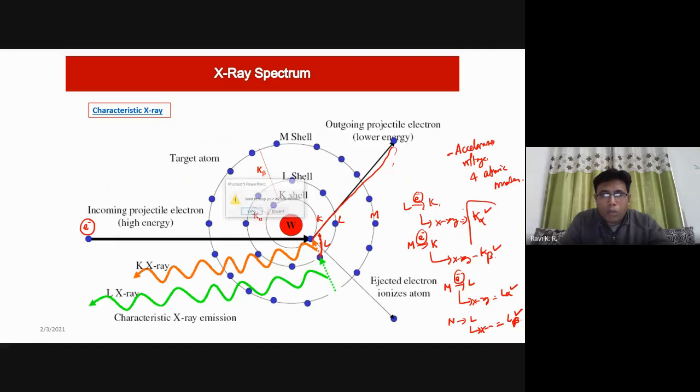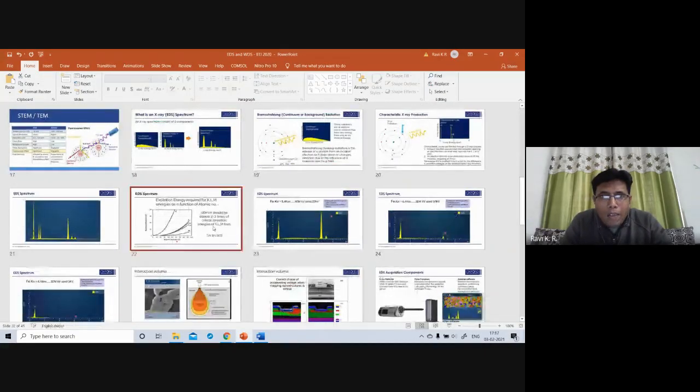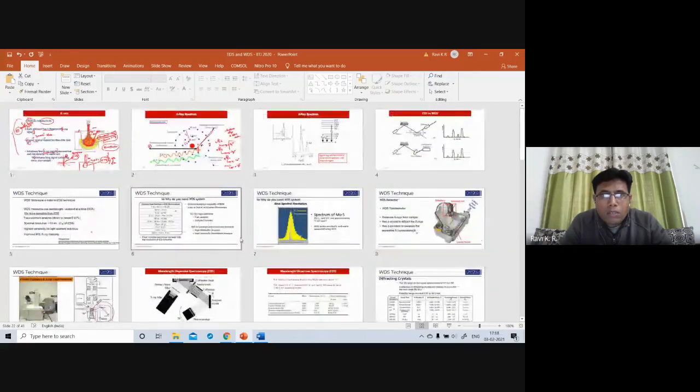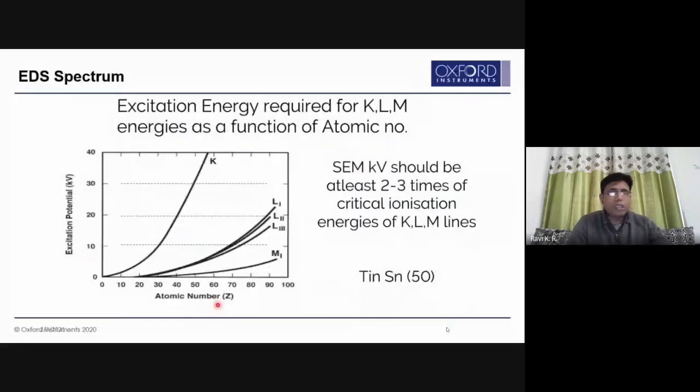Maybe these are common, so I can pull the slide from here. Now this is the excitation potential. What is excitation potential? We have seen in SEM, we generally go from 5 kV to 30 kV for a normal SEM.